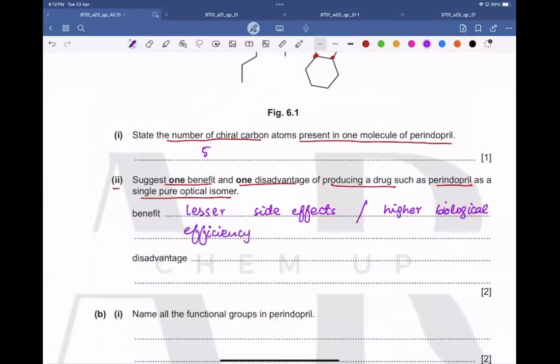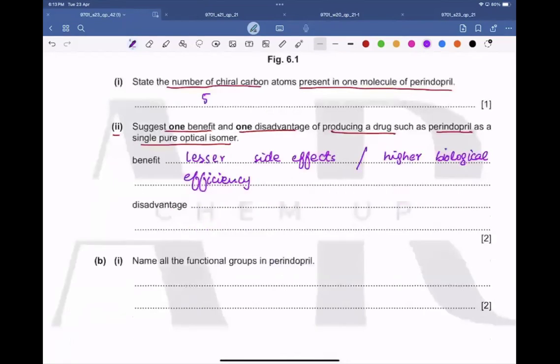Another benefit would be we need a smaller dose, because there is no other isomer in it. It's a pure one. They are asking for a disadvantage of producing.